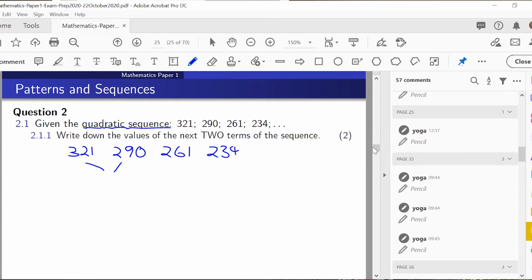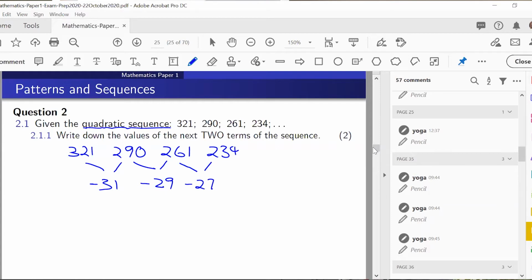In this case, 290 minus 321, we're going to get minus 31. Now here we're going to get minus 29, and we're going to get minus 27.